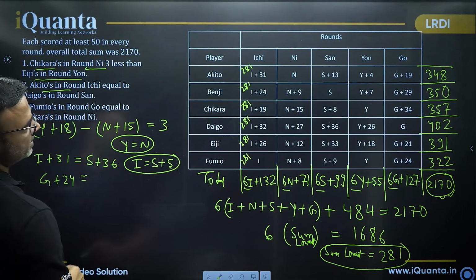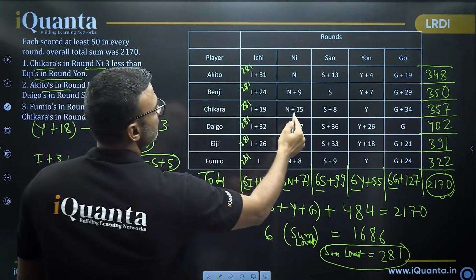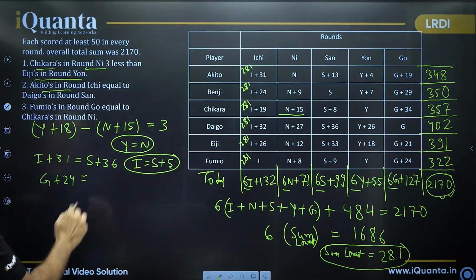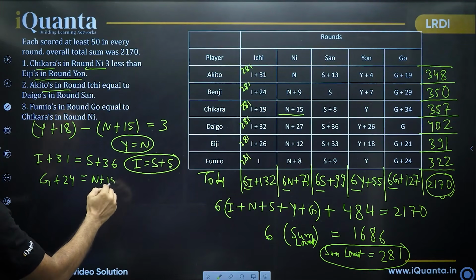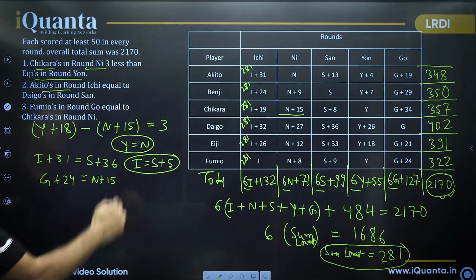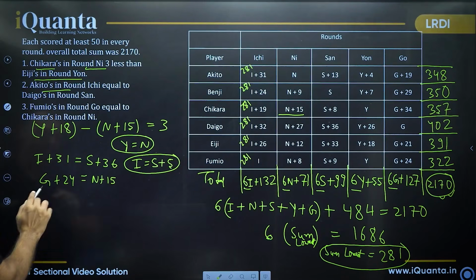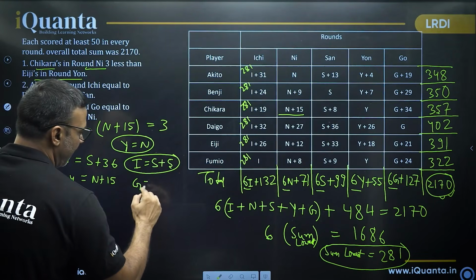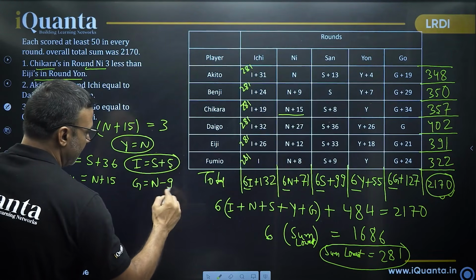Chikara in round Ni is n plus 15, right? N plus 15. Okay, so this gives us n is equal to g plus 24. Here we already have y equal to n. So let's express g in terms of n. So it is n minus 9.